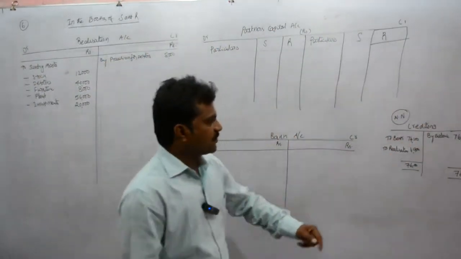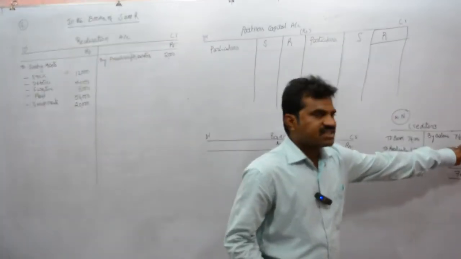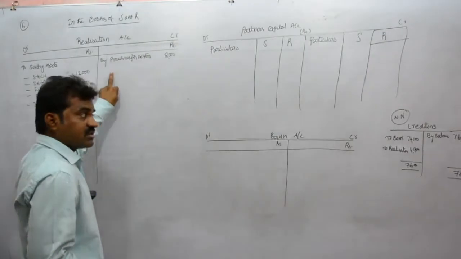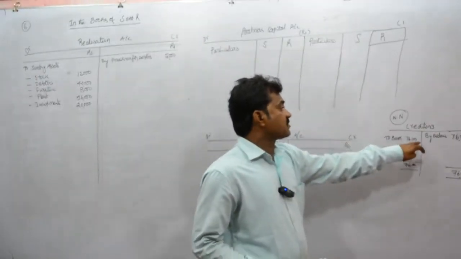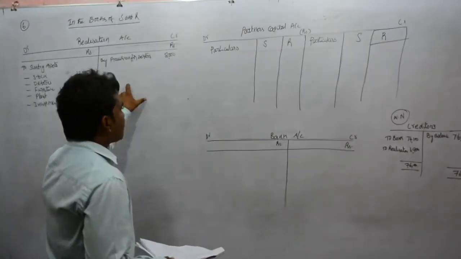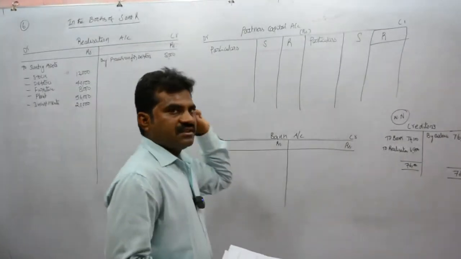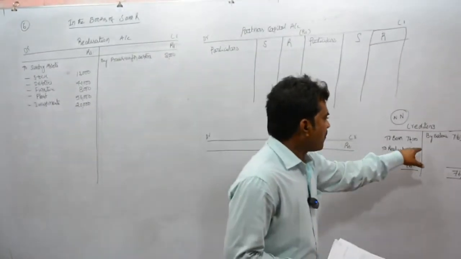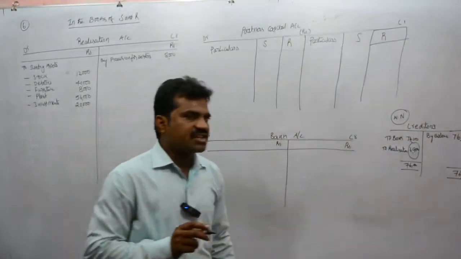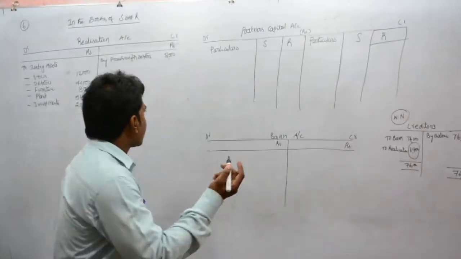Now if you transfer 76,000 to the credit side of the realization account, then you have to transfer the payment to the creditors, 74,100, to the debit side. The net effect will be in the realization account. Now we have found out the realization profit on creditors is 1,900, that you can transfer.